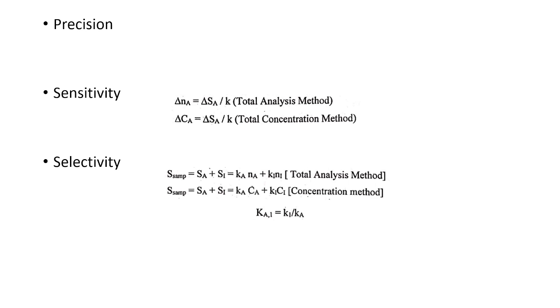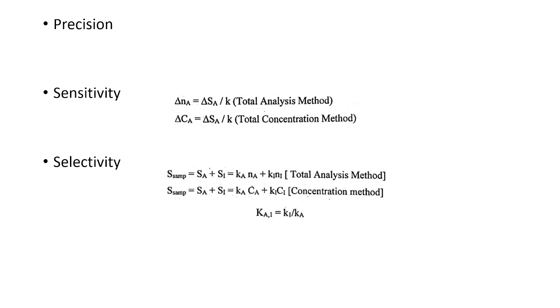And sometimes this interfering constituent not only enhances the signal, sometimes it declines the signal. Therefore interference due to this Ki may lead to deviation on the negative side as well as the positive side.